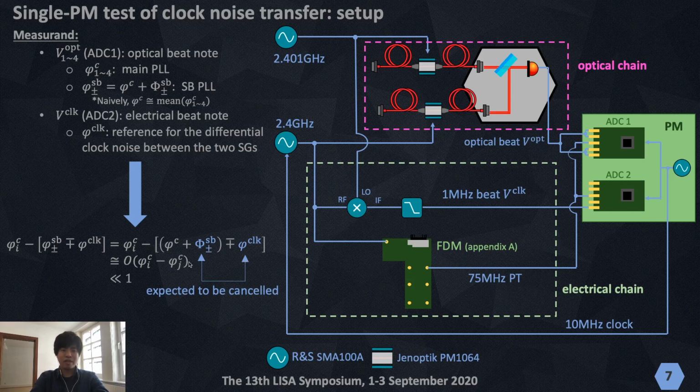And the residual noise is the difference between carrier and carrier, which should be very low because the dominant noise source in this residual noise is just electrical noise like the phase meter or power splitter.